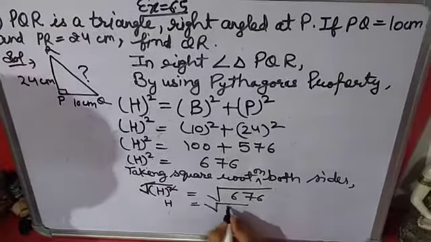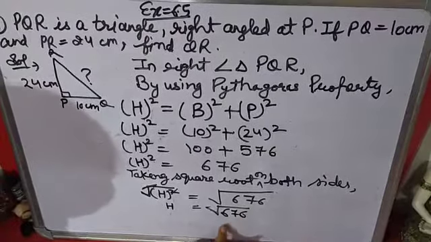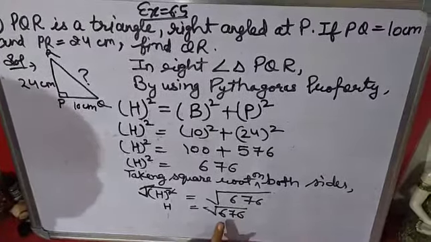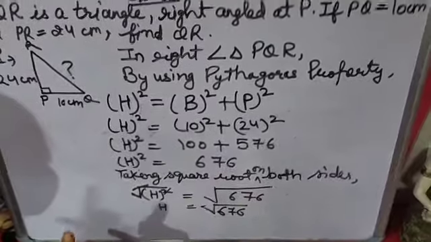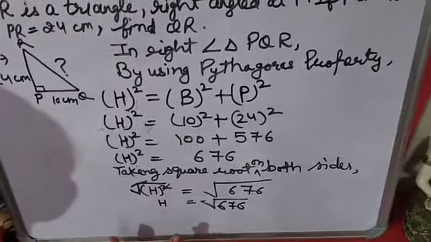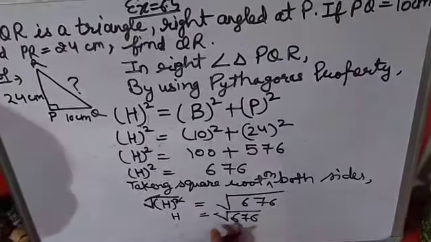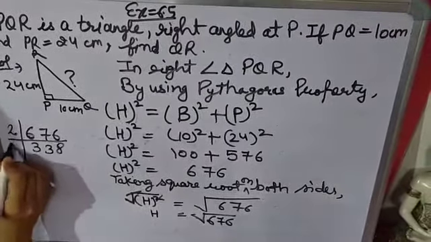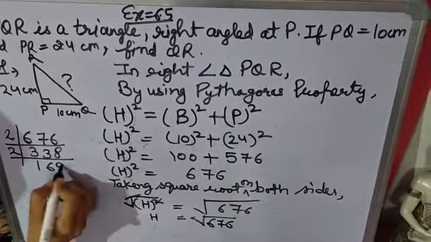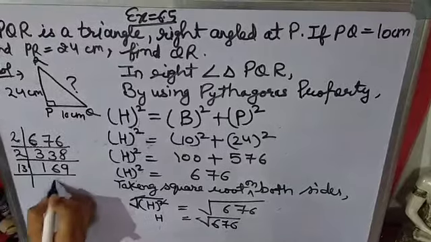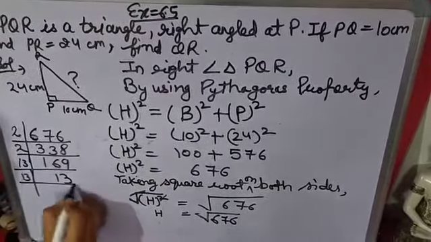Now we have to find the value of the square root of 676. There are two methods. First is the prime factorization method, second is the long division method. But we will use the prime factorization method here. So we will find prime factors. It will go on 2, again on 2, now on 13, again on 13.